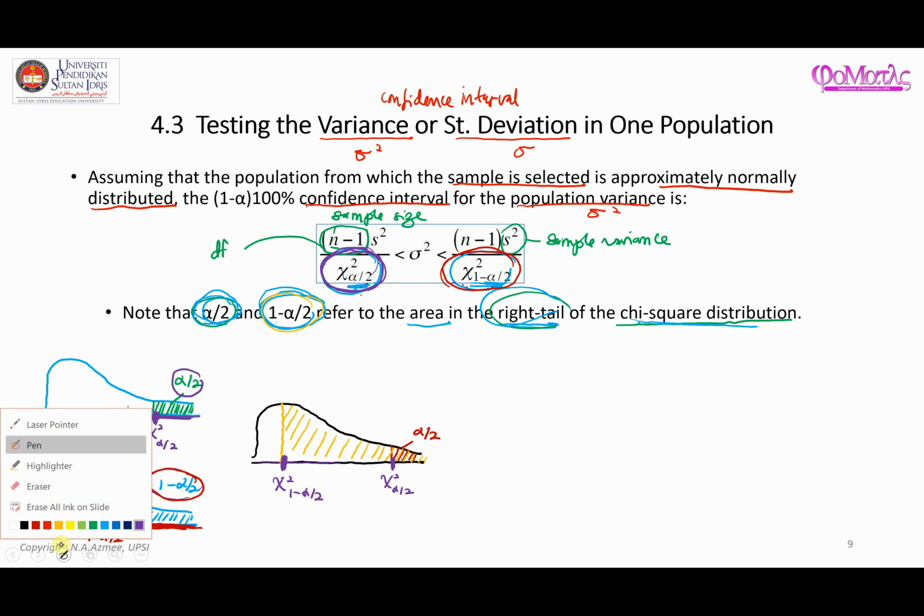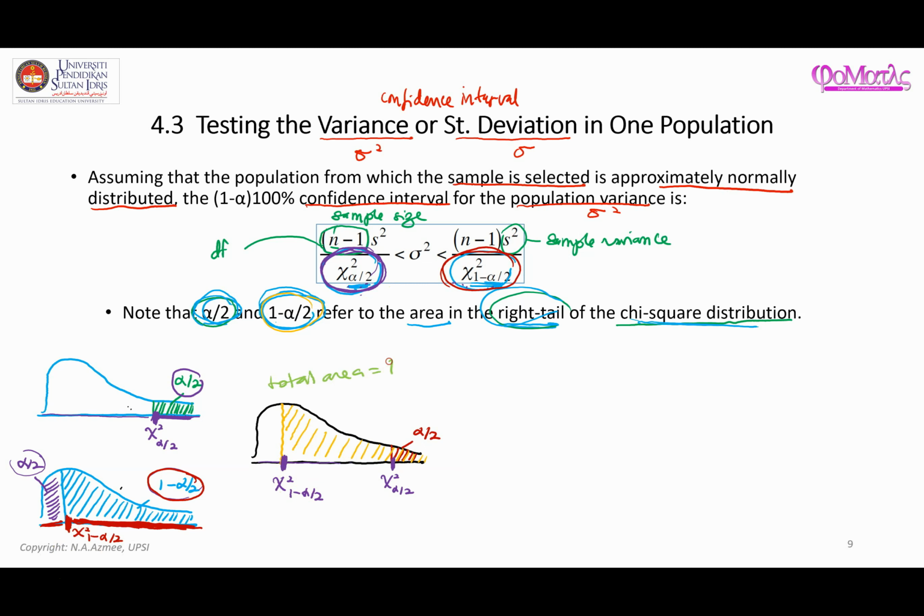And recall what I said about the total area being equal to 1. You know that this yellow area here, from this point to this one, is 1 minus alpha over 2. I'm just going to write it down here. This area until the end, according to this one, is 1 minus alpha over 2, and I know that the total area is 1.